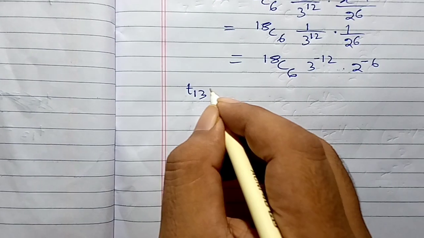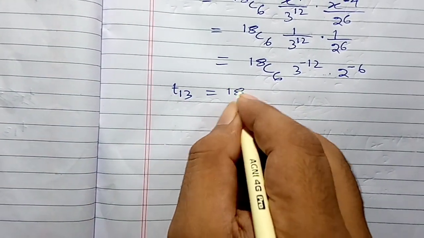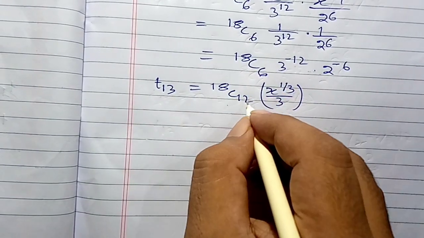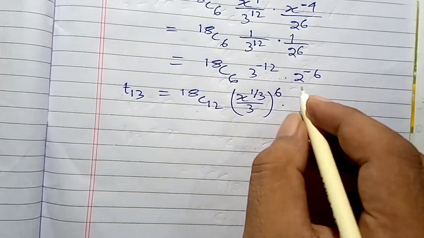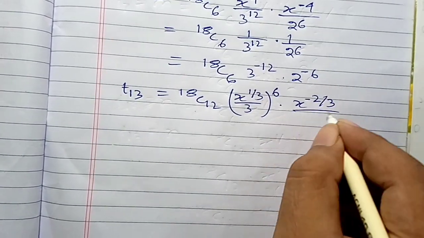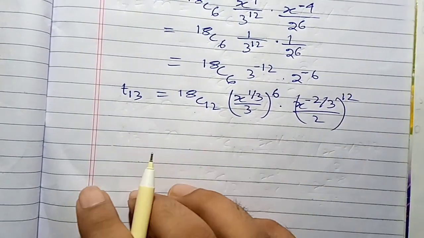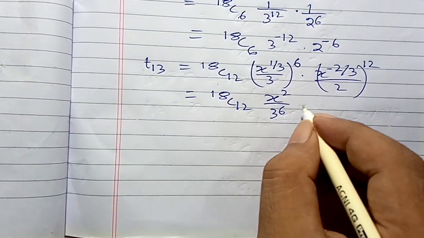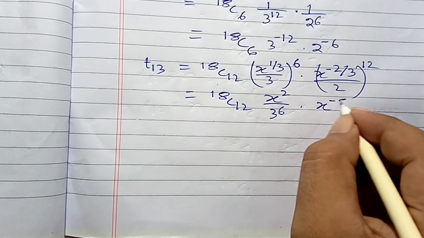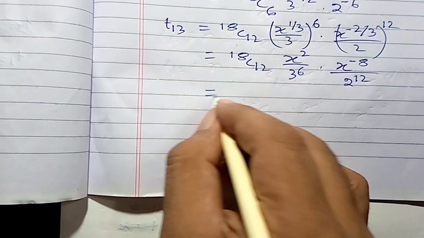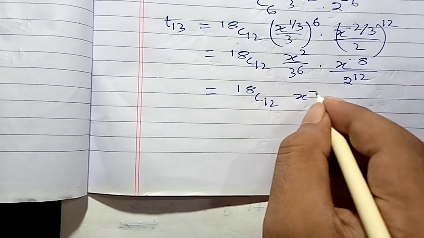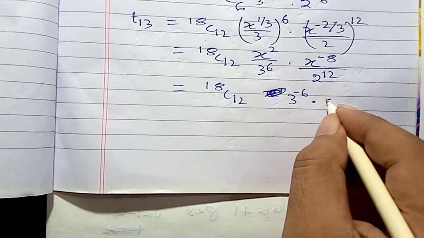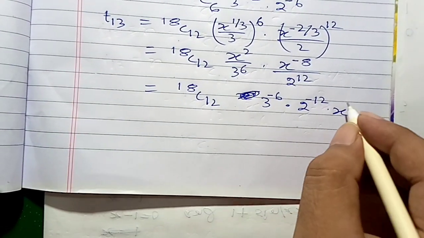Again the 13th term will be 18C12 (x^(1/3))^(18-12), which will be 6, and here (x^(-2/3)/2)^12, this will be 18C12 x to the power 2/3 to the power 6 into x to the power minus 8, 2 to the power 12, this will be 18C12 x to the power minus 6, so this will be written as 3 to the power minus 6 into 2 to the power minus 12 and x to the power minus 6.